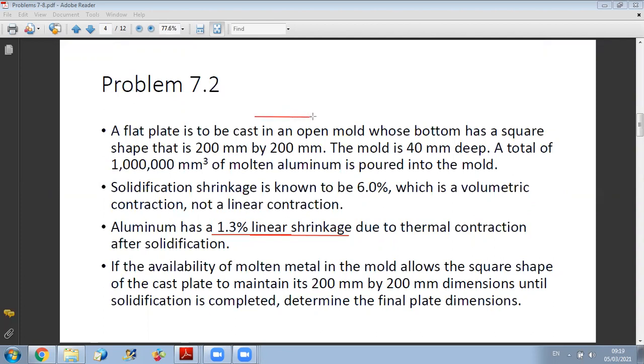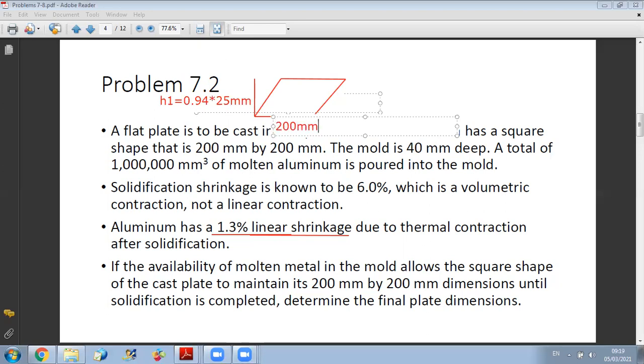The base is still 200 by 200, but now the height is reduced. So we have the value of a new height. After phase 1, H1 is 0.94 times 25 millimeter, and the base dimensions are still the same, 200 millimeter for each side.